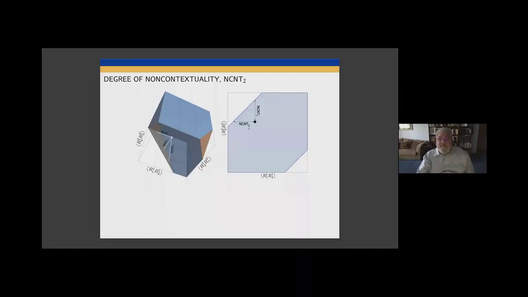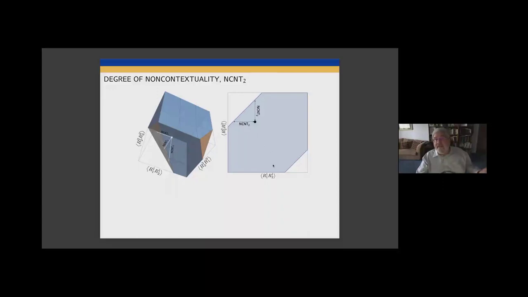Here is the reason why I wanted to use this particular measure rather than some of the other measures that were proposed. It is the only measure that allows you also to measure the degree of non-contextuality. If your system is within the polytope, then you can also compute the L1 distance between this point and the contours of the polytope, or faces of the polytope.